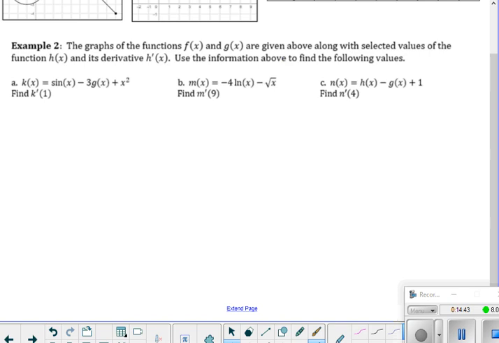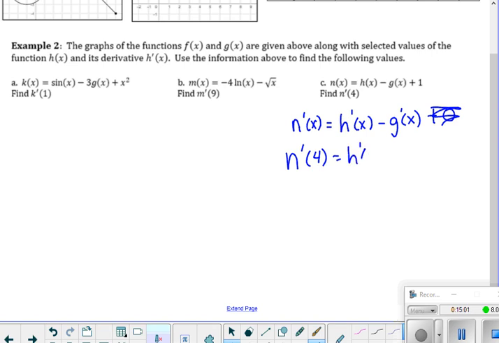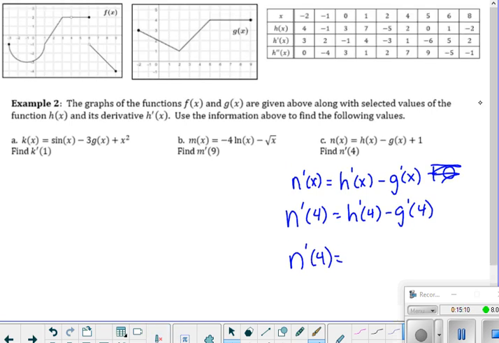Okay, n prime of x, get our general derivative. Taking the derivative of h would make it h prime. Taking the derivative of g would make it g prime. Taking the derivative of 1 would make it 0. N prime of 4. So I'm just going to scratch that out. That's going to give me h prime of 4 minus g prime of 4, using the information up above. H prime of 4, oh, we get to use the table.